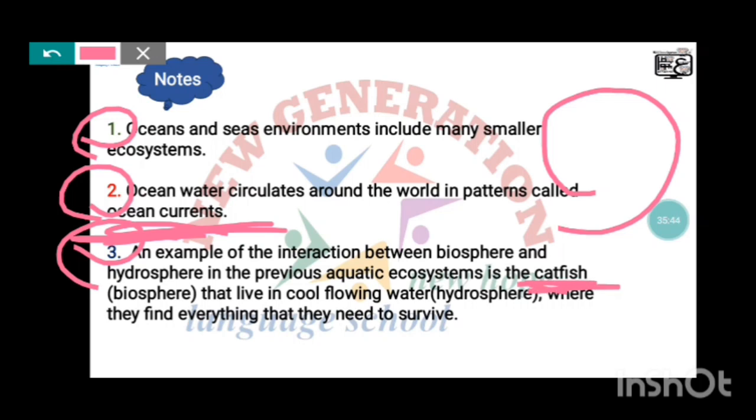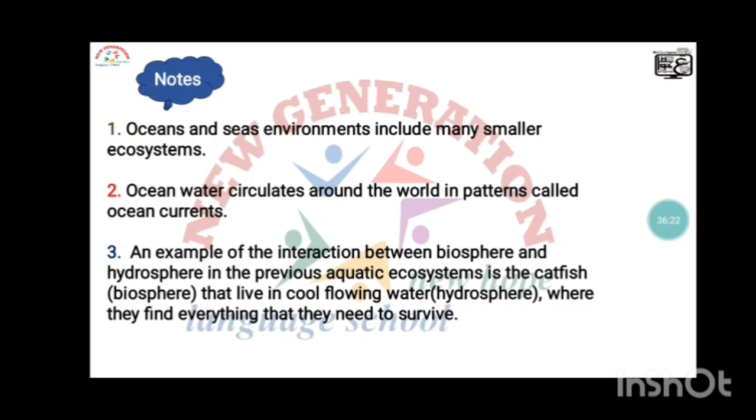The catfish is biosphere, living in cool flowing water or a stream, and the stream is hydrosphere. So this is an example of the interaction between hydrosphere and biosphere. Okay, get it? Okay, thank you so much. See you next time.